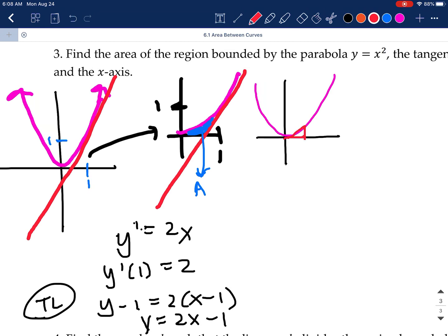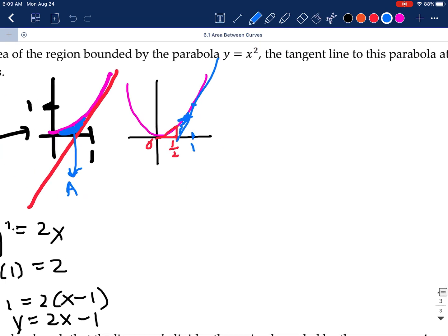So there's going to be an area from 0 to 1/2 that is just bounded by the x-axis. And then there's going to be the other area until 1 that is going to be the area between. So we actually need two integrals for this example.